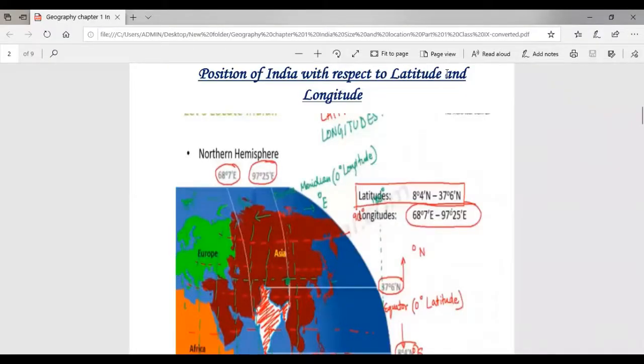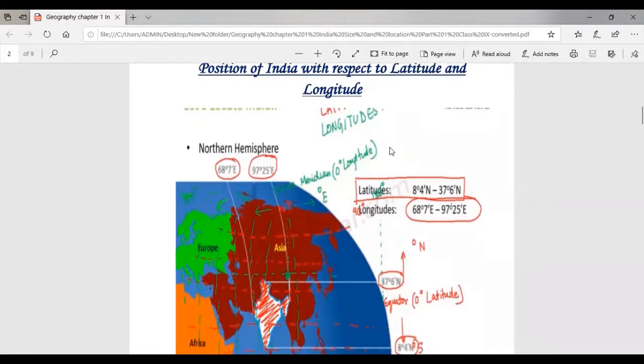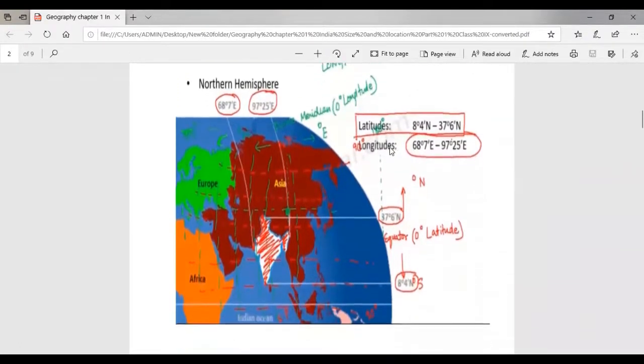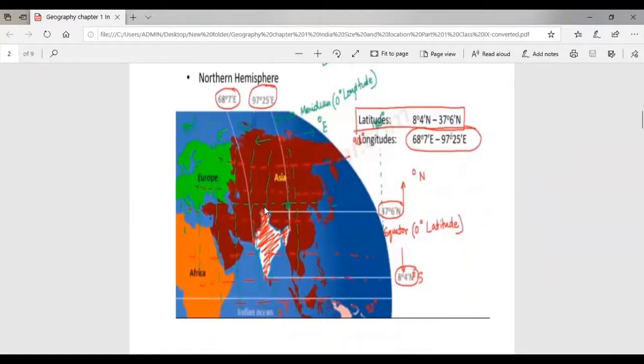I think the concept of latitude and longitude is clear now. Now let's focus on the position of India with respect to latitude and longitude. Latitude wise, the two extreme points are Kashmir in the north and Kanyakumari in the south.